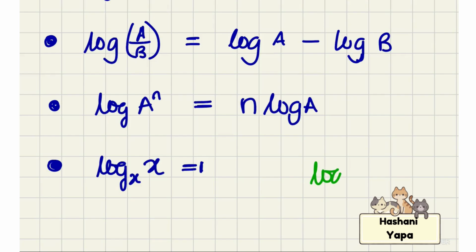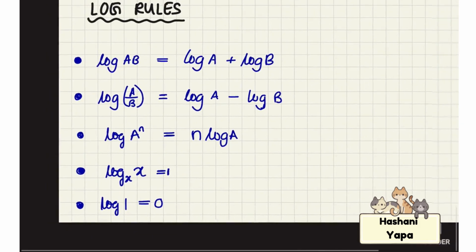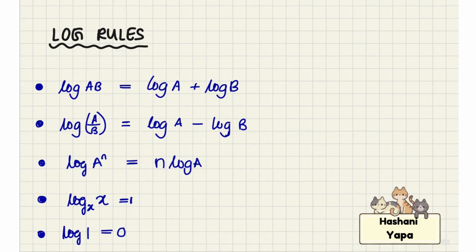Log 2 base 2 equals 1, log 10 base 10 equals 1. Another rule: log 1 is always equal to 0. So these are the basic log rules, and there is one other rule, called the base changing rule.